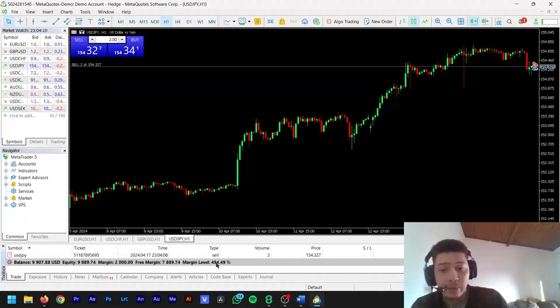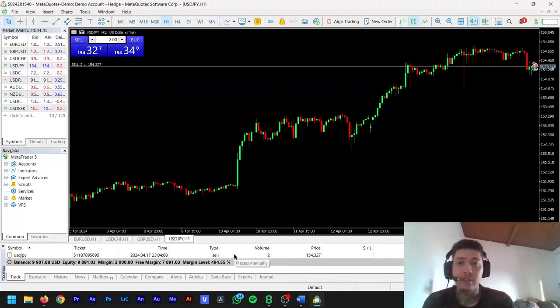Now the margin level is 400%, but that's still way too low, because again, the chart hasn't even moved yet, and you only have this free margin right here. So you really have to make a good calculation to see what your risk reward ratio is and how much you want to risk for how much you want to get in return, right?